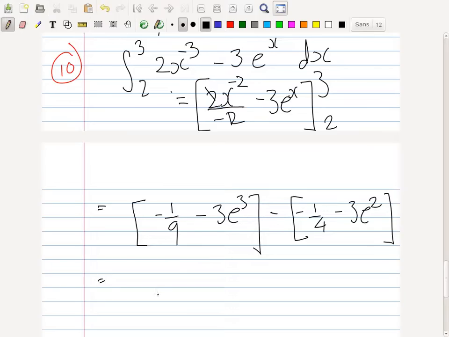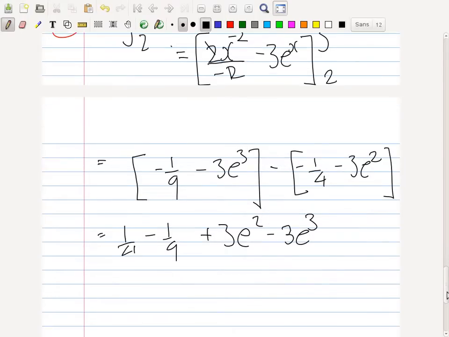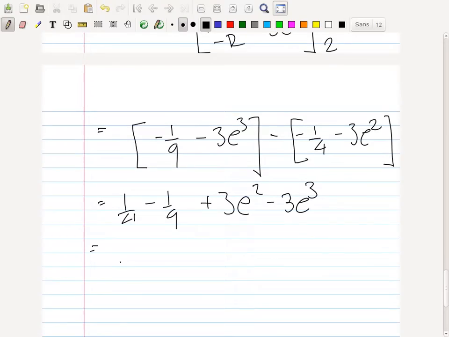So that'd be a quarter minus a ninth plus 3e squared minus 3e cubed. So that'd be 36. 9 minus 4 is 5, plus 3e squared, that's 1 minus e.